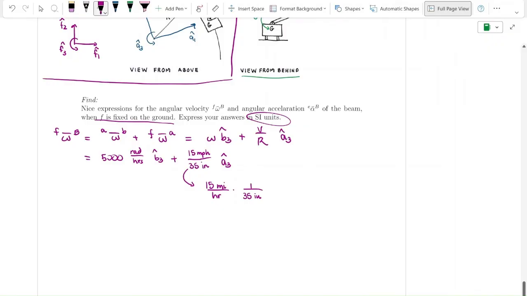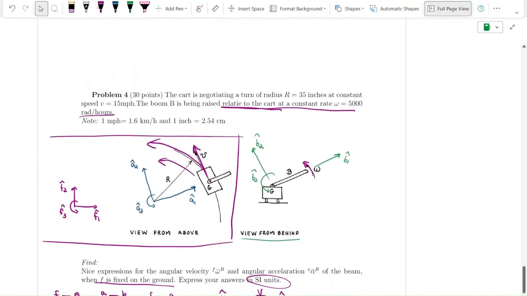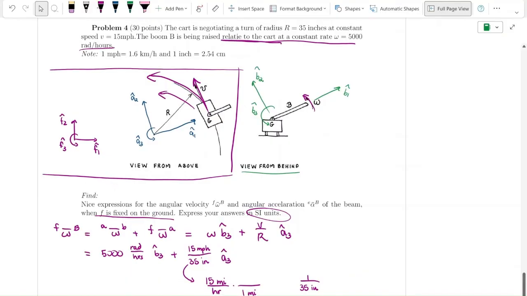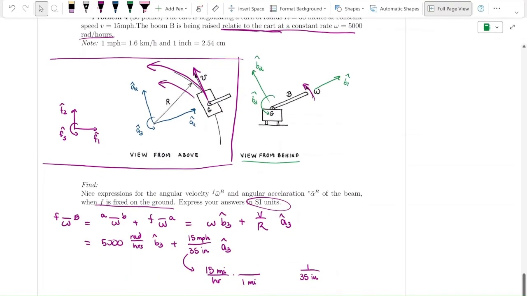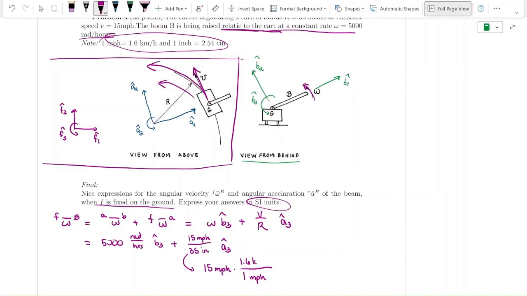So first we need to convert the miles into inches. 1 mile is equal to... Okay, let's do this then, because they gave us these coordinates. So 15 mph times, 1 mile per hour is equal to 1.6 kilometers per hour. So this cancels this.